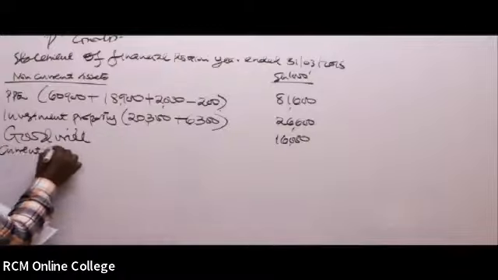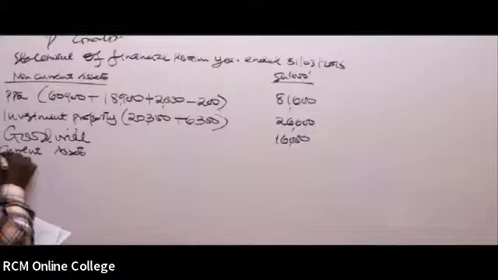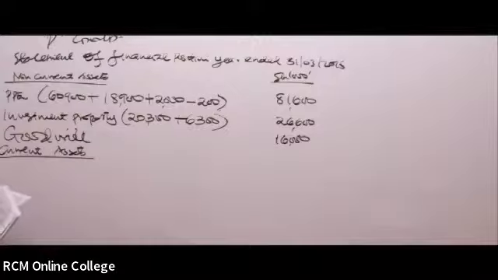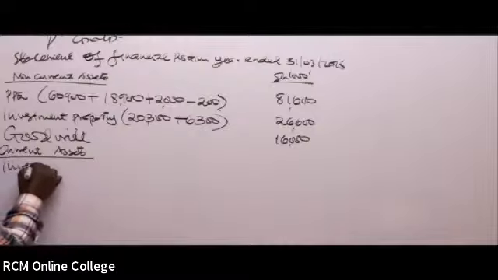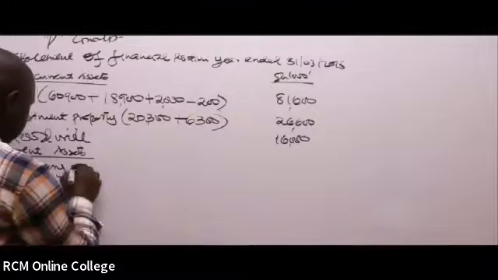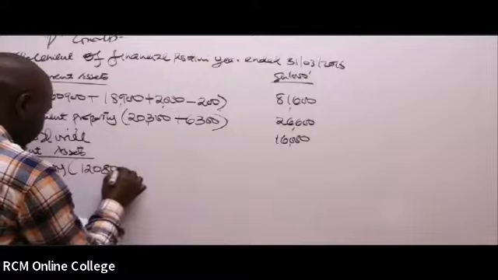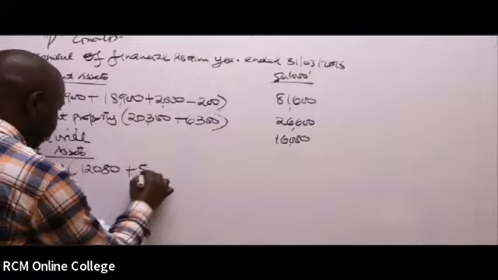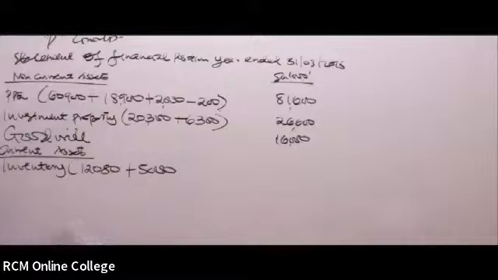So for the current assets here, as per the SFP, we have inventory, receivables, and of course bank. So inventory. For inventory, in this case, we have 12,080. You add for the subsidiary 5 million.